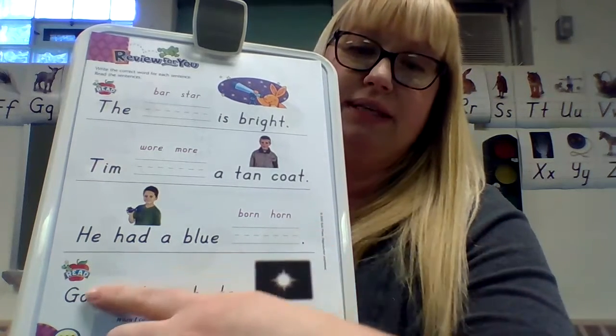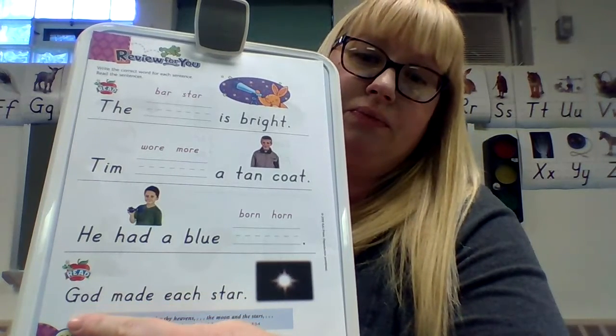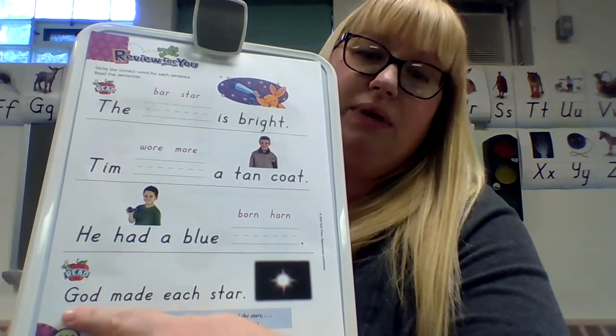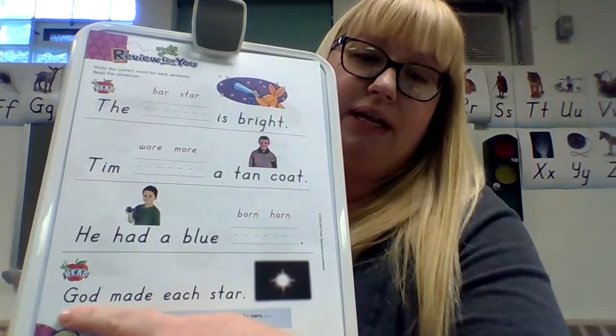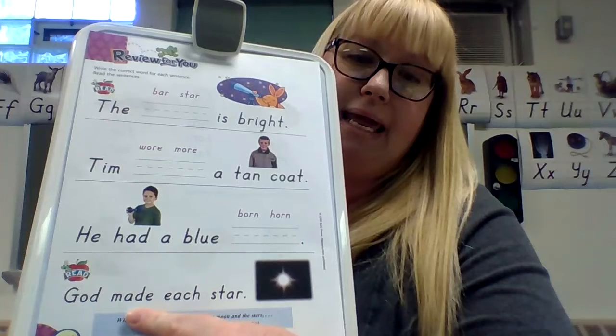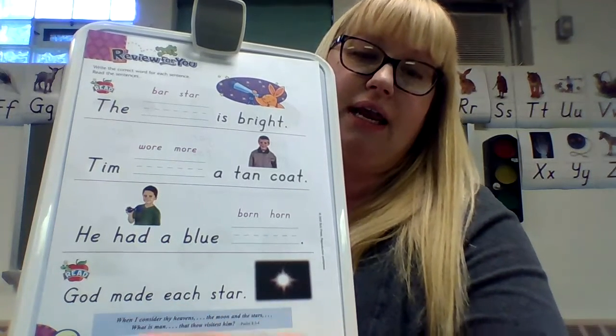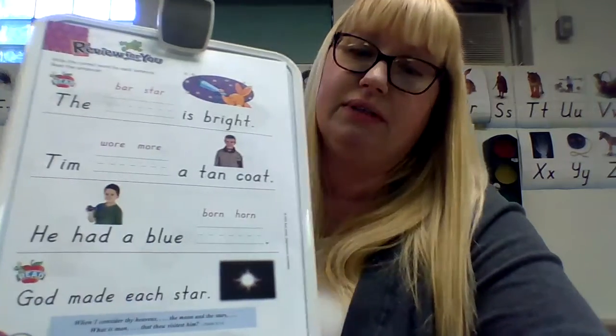And I will read this. You don't get any points for this down here, but if it says read, I'll read this with you. Let's read it right now, and then you can go back and finish that. It says, God made each star. And I'll also read you your little Bible verse at the bottom.